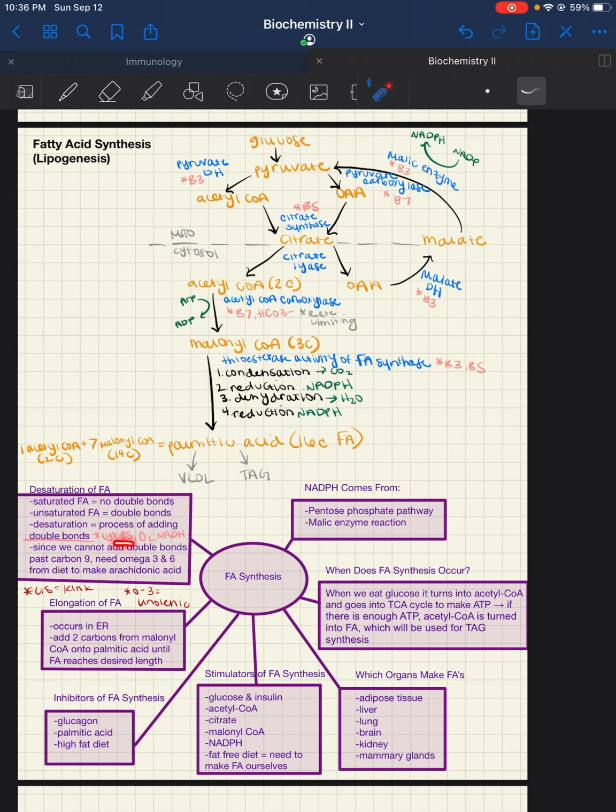I remembered it as cytochrome B450, O2, and NADH. And humans are incapable of, I guess we don't have enzymes to add double bonds past carbon 9. Omega-3 and omega-6 can do that for us. That's why we need to eat them.